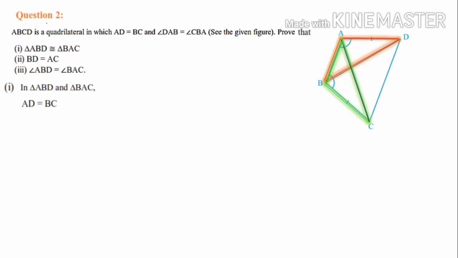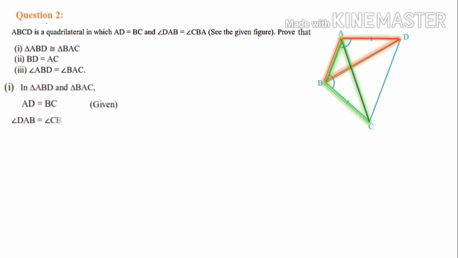So here first condition, that is AD equal to BC. AD is marked with red in triangle ABD, and in triangle BAC there is BC, marked with the green color here. So AD and BC are equal, that is from the given condition.